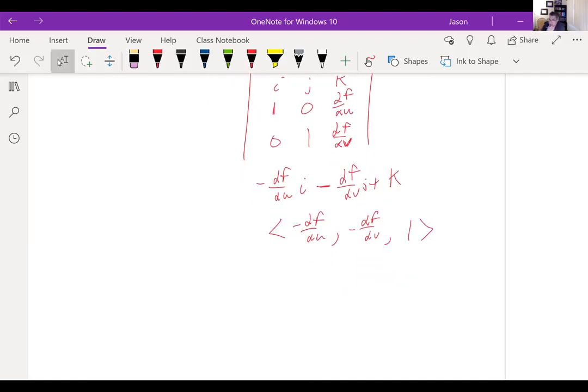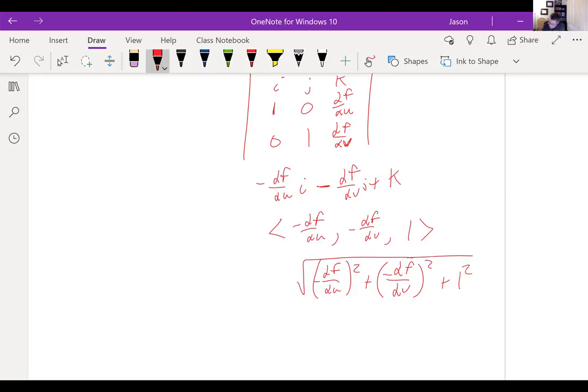It's just the square root of each item squared. So the magnitude of this three-dimensional vector is going to be negative df du squared plus negative df dv squared plus 1 squared. So that's the magnitude of that thing.